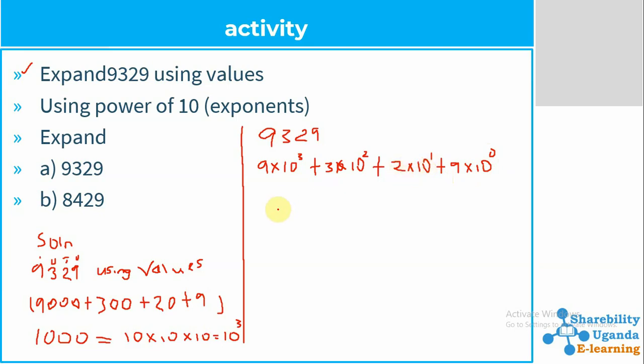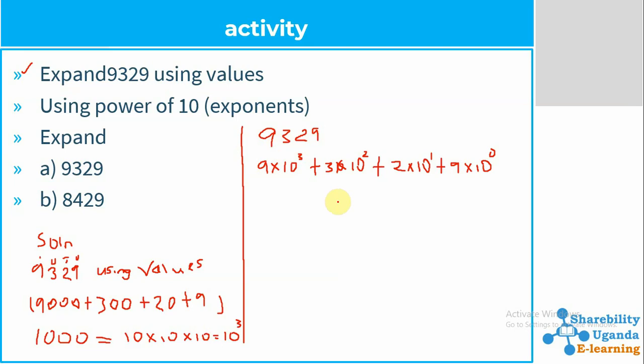So if we solve this, we shall be able to come up with the same number. Here we are expanding that number using the powers of 10, or using exponentials.